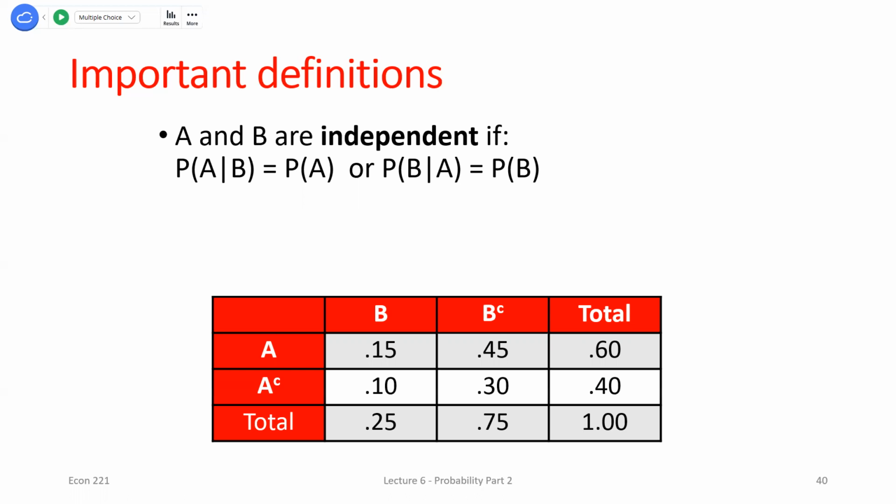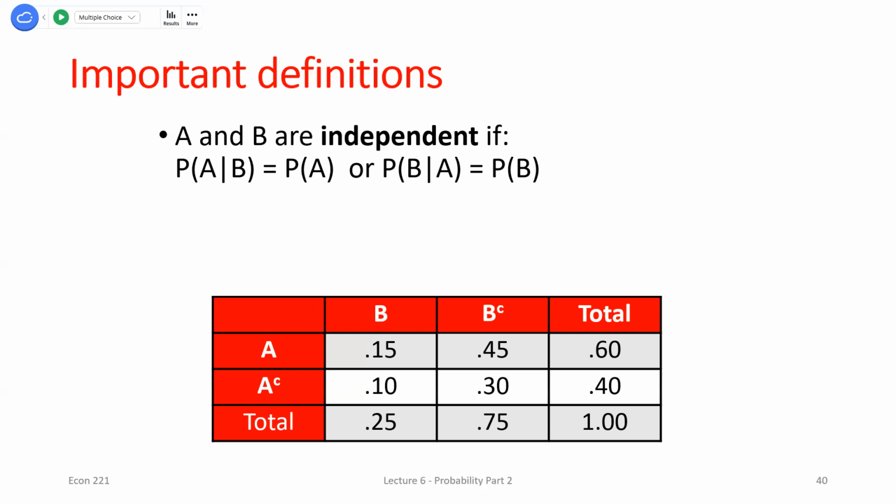Well, now I've got three things that I can grab from my contingency table, right? What's the probability of A? Go over to the total, yep, 0.6. What's the probability of the intersection of the two events? Go to that top left cell, 0.15. What's the probability of what I conditioned on, B? Go down to that total, 0.25.